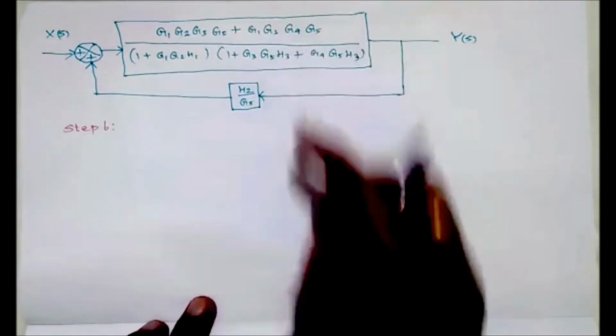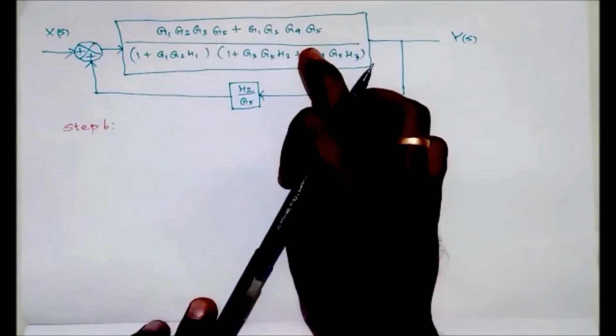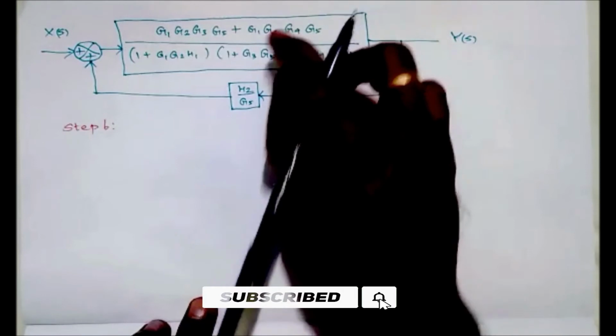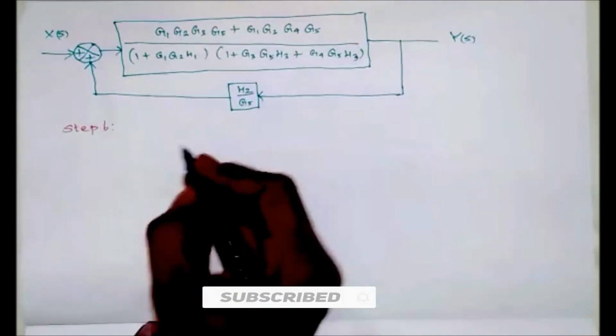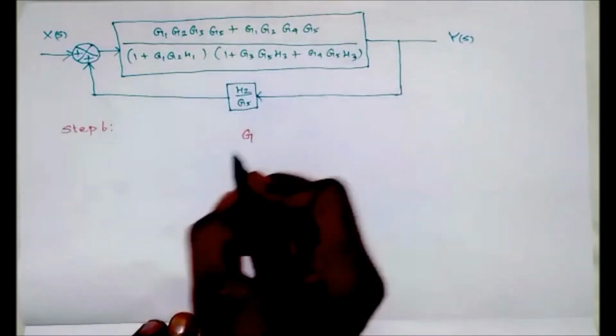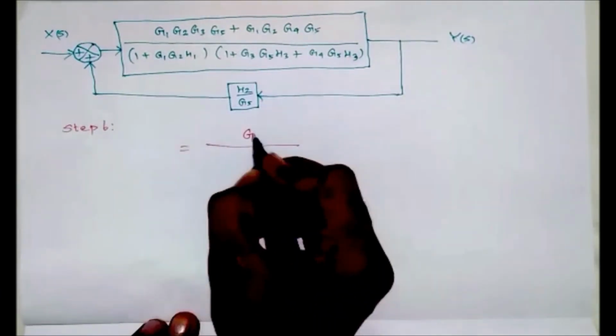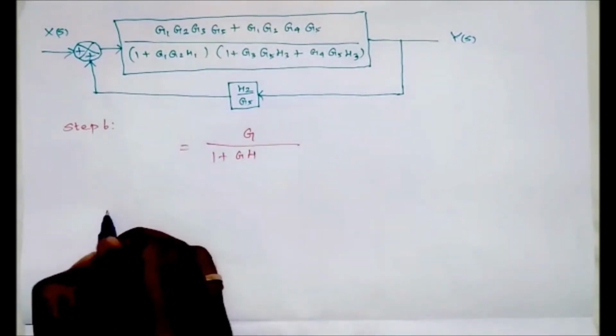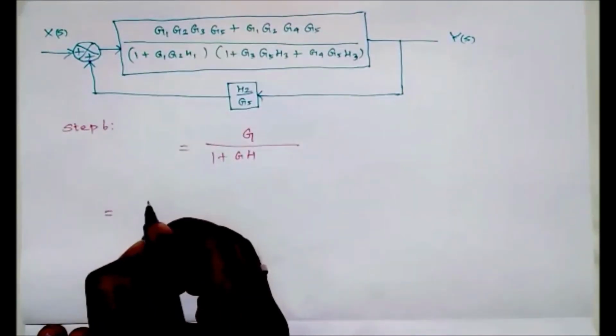So now, this may be the final step, because here there is a gain and a feedback. We know the formula to eliminate this feedback. The formula is G divided by 1 plus G into H. So here what is the gain?